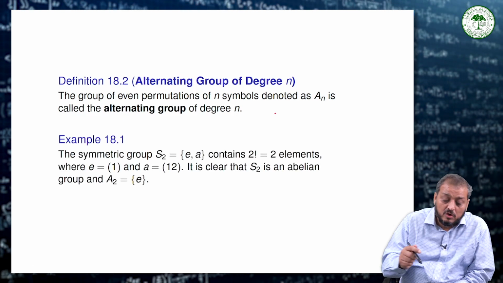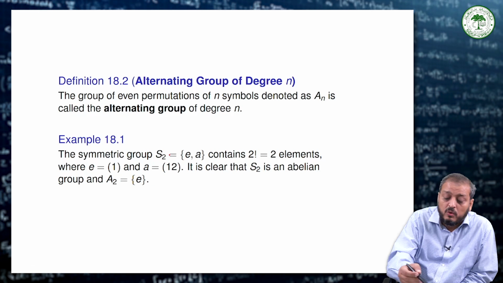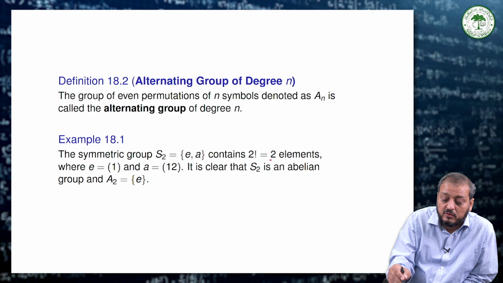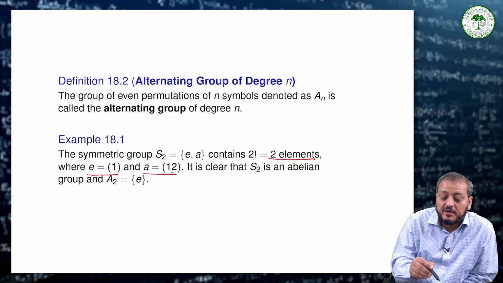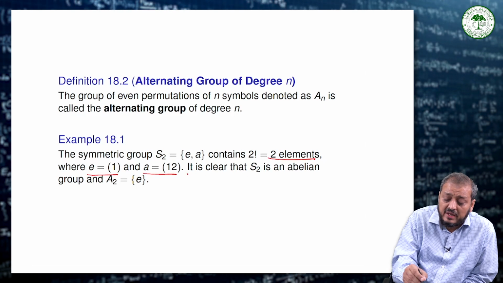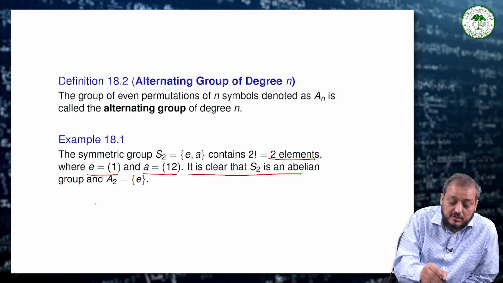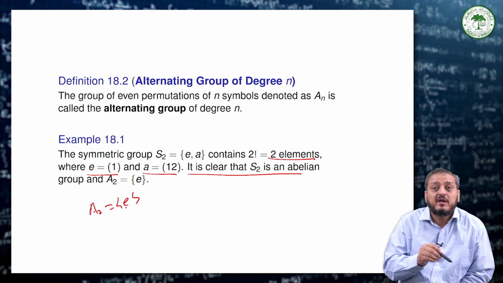So the symmetric group S2, you know S2 has two elements, E the identity and A, containing factorial 2 elements, where E is the identity and A is equal to (1 2). Now clearly S2 is an abelian group. Now we take a subset of this, A2. Clearly we have only the identity element, because this has length odd.